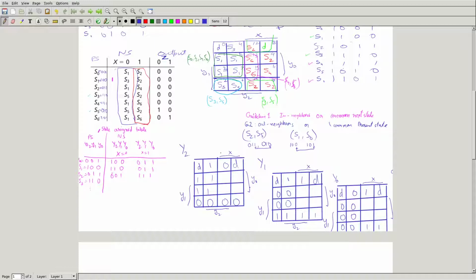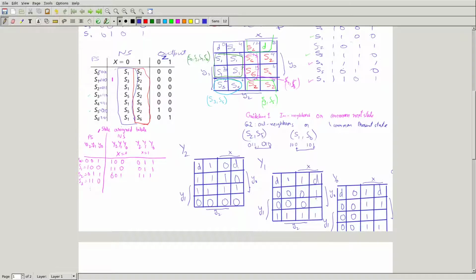Then we have S6, and S6 has encoding of 1, 0, 1, 1, 0, 1, and S2 again, copying wherever S2 was common.